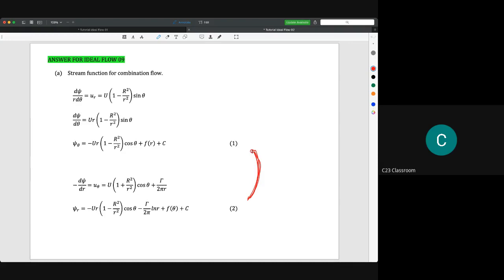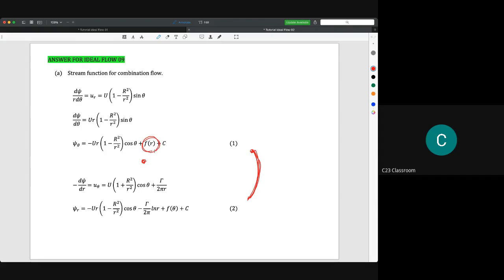If you do the first method that I taught you in the previous tutorial, you need to substitute the value of the constant, the boundary condition. So you may get the value C equal to 0, and then you finally get the value of f(r) here.